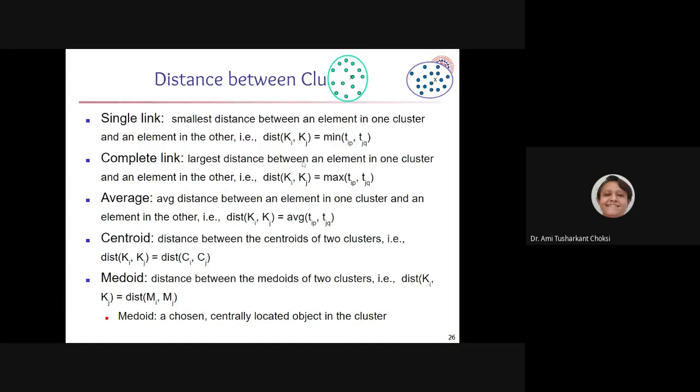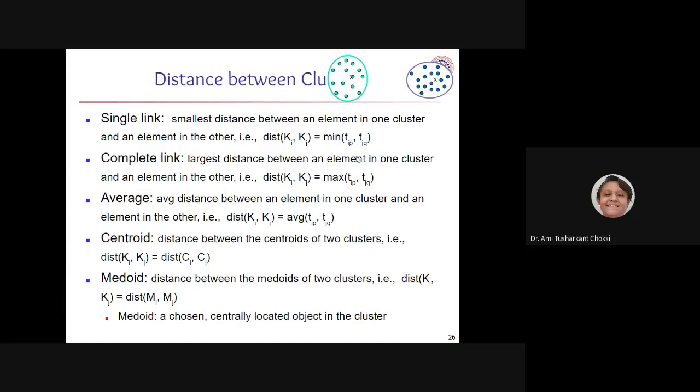What do we say is, for single link we consider the smallest distance between an element in one cluster and an element in the other, fine? So the distance between say Ki and Kj is the minimum of say t(ip) and t(jq), right?